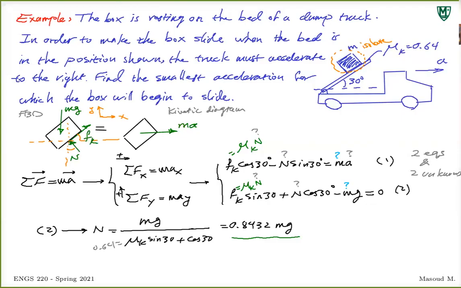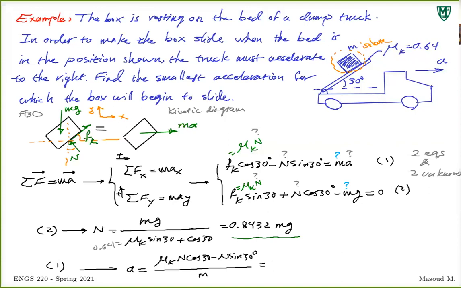Now, if we go back and use the first equation, let's see what happens there. That's very interesting. If we use the first equation and I write it to find the acceleration, remember I'm finding the acceleration. This becomes, move things around, mu k N cosine 30 degrees minus N sine 30 degrees divided by m.